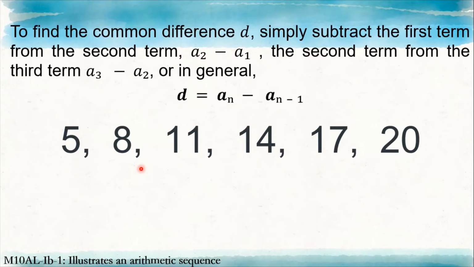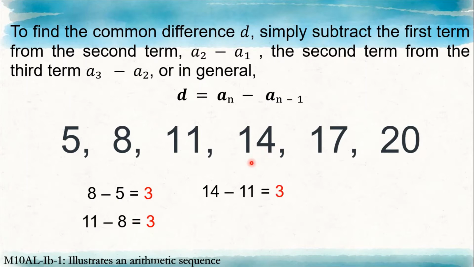So bakit siya tinawag na common difference? So in this case, if we are going to find the difference between two consecutive terms, they will yield the same answer. For example, second term minus the first term, 8 minus 5 is equal to 3. Then third term minus the second term, 11 minus 8 is still equal to 3.